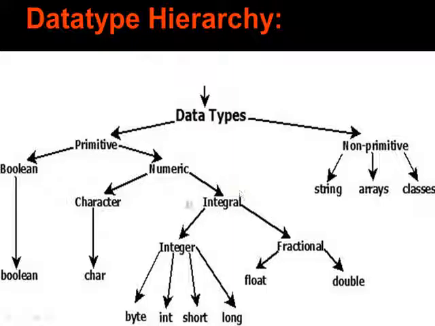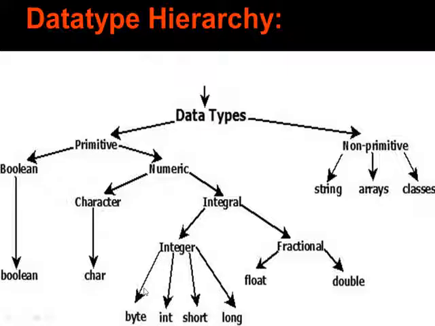Now let's discuss the integral data types. The integral category has two subcategories called integer and fractional. The integer category has different data types called byte, int, short and long. Why do we have different types like byte, int, short and long? According to the range.